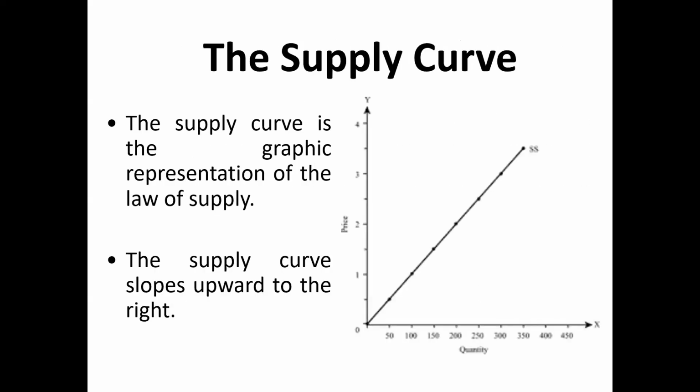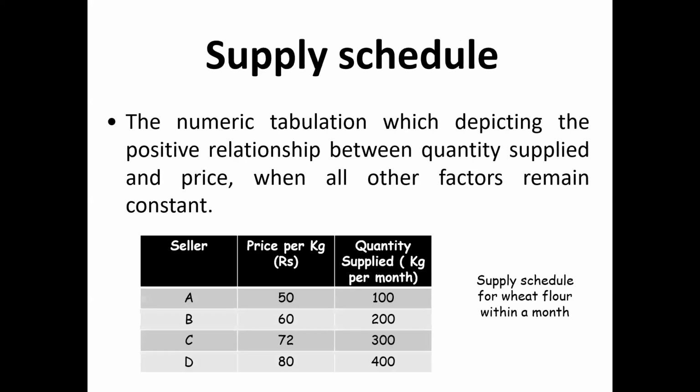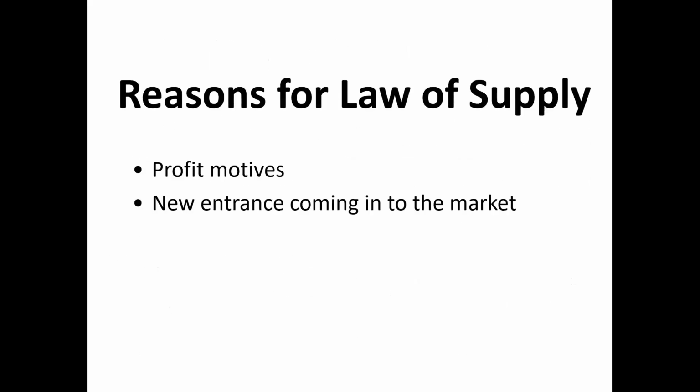When we draw the supply curve, you can see that it has a positive slope. And the demand supply schedule clearly explains the positive relationship. When price increases, quantity also increases.